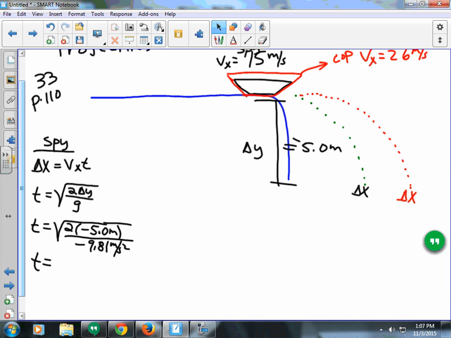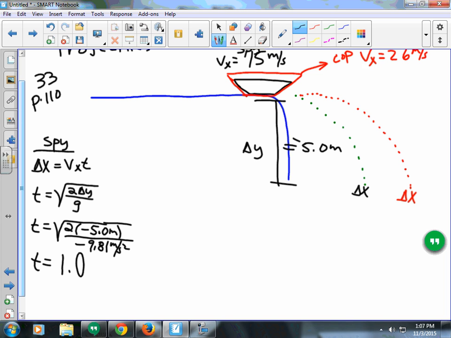What'd you get? 1.0096 dot dot dot. Yeah, 1.009, I got 1.009 also. And we're dealing with two sig figs here, so that'd be 1.0, right?